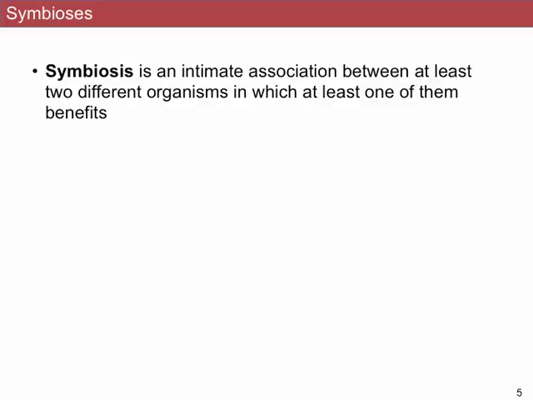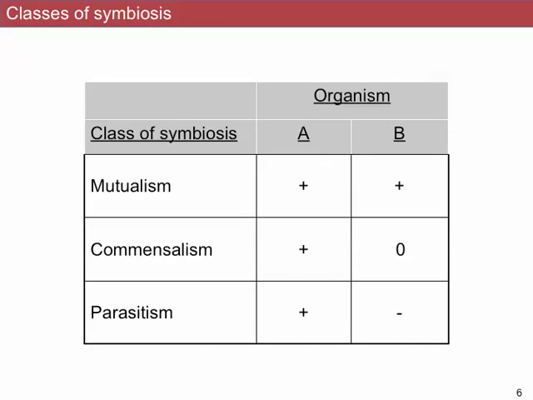Many people may be used to using the term symbiosis to refer to interactions where both of the partners benefit, but that is actually just one category of symbiosis in the formal definition that we use in biology.